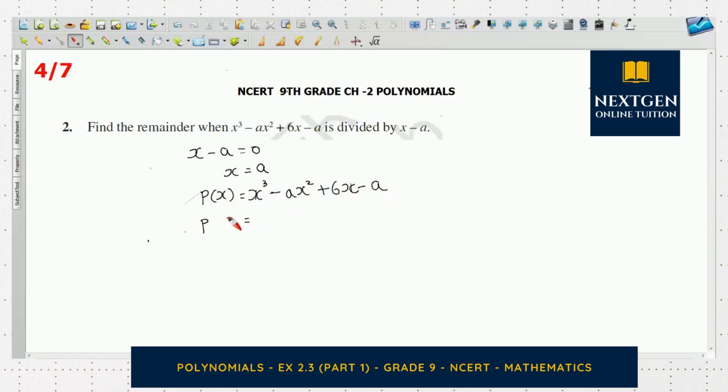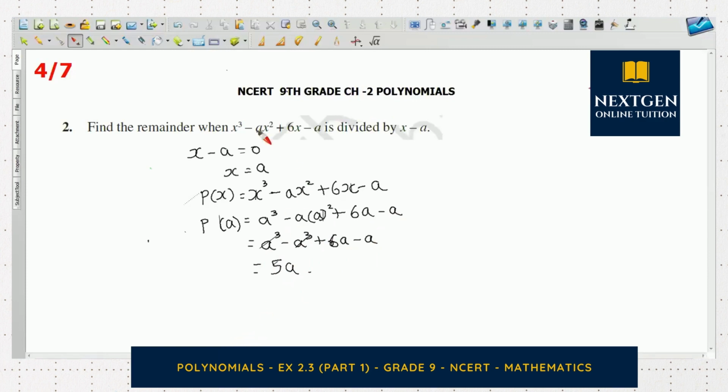So on substituting x to a, my value will be a cube minus a into a square plus 6a minus a. The values get cancelled. 6a minus a gives me 5a. Okay. Is it clear?